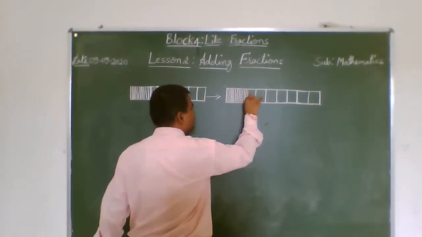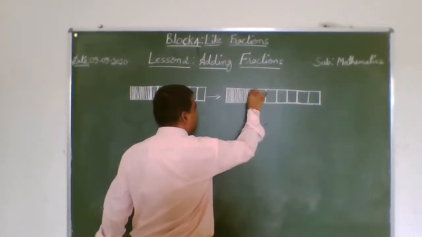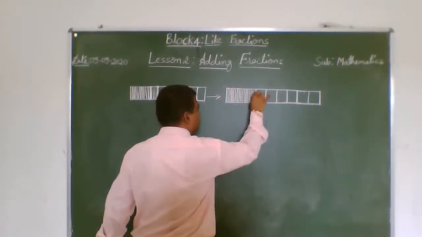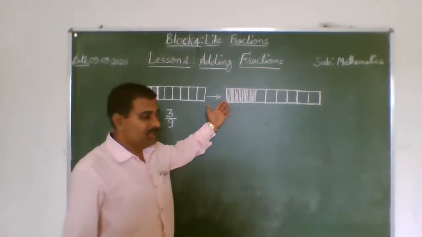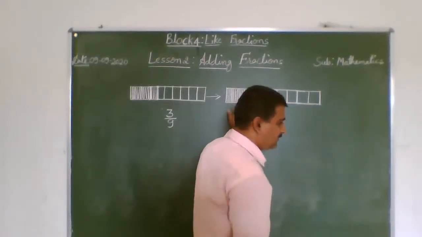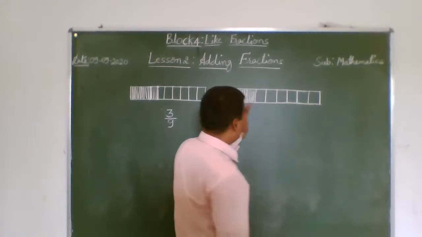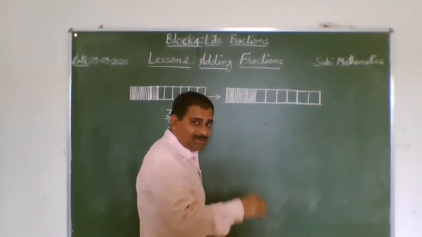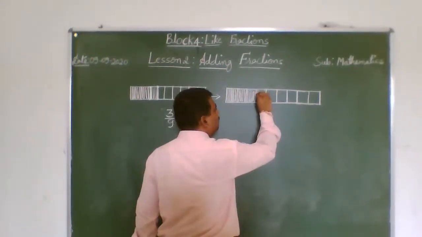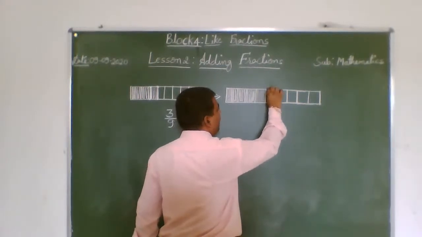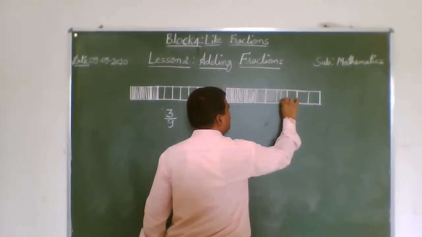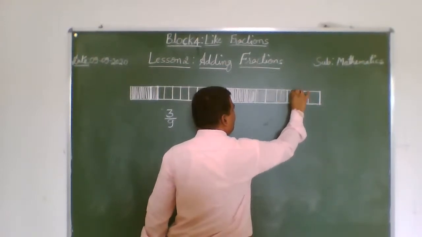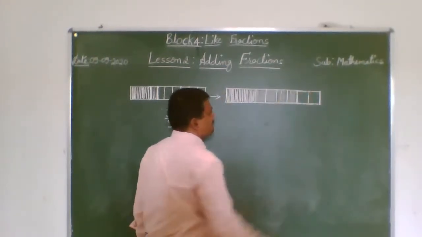So to this 3 by 9, I will add 4 more parts, completely shaded, right? 4 parts.